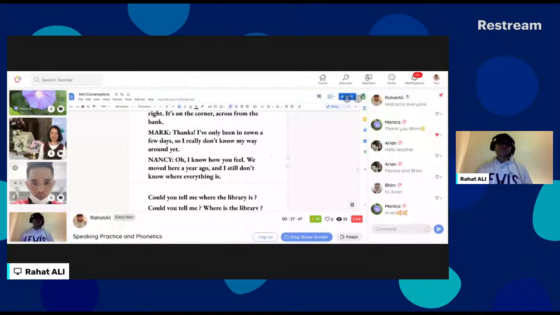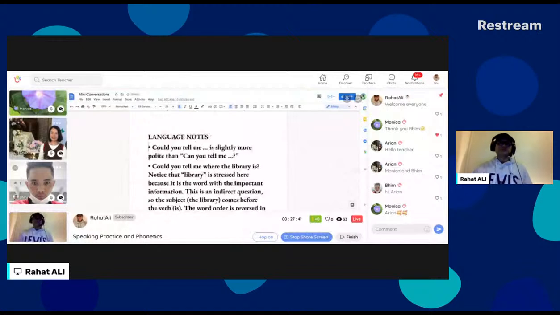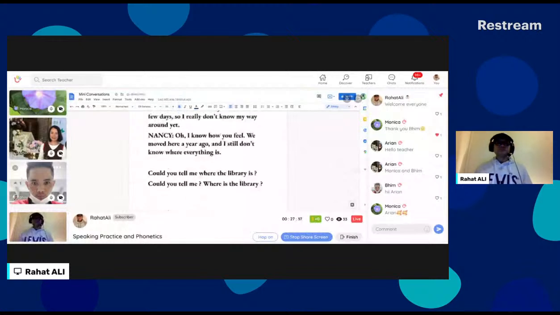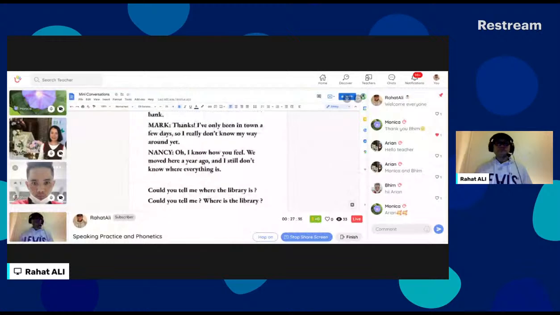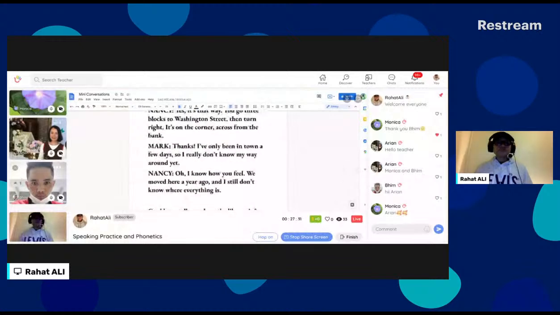Okay. So, teacher, what exactly is "way around"? Exactly. I don't know my way around. What is it? "Way around" means the place the person is living, the surrounding areas.